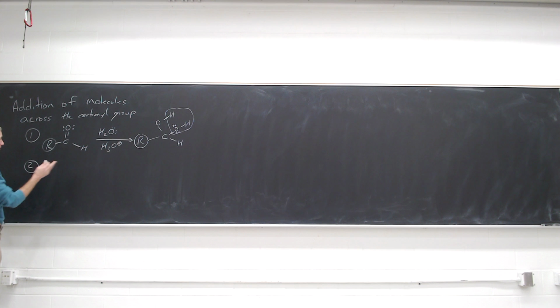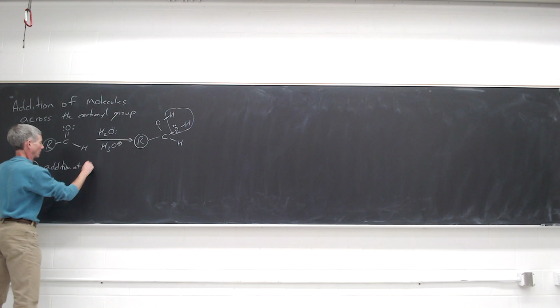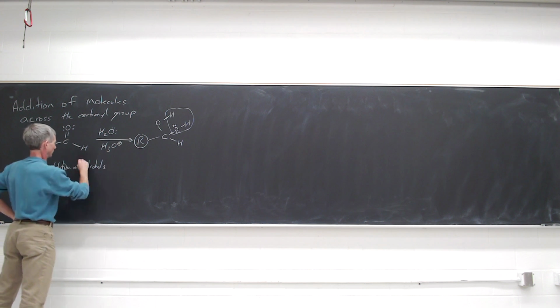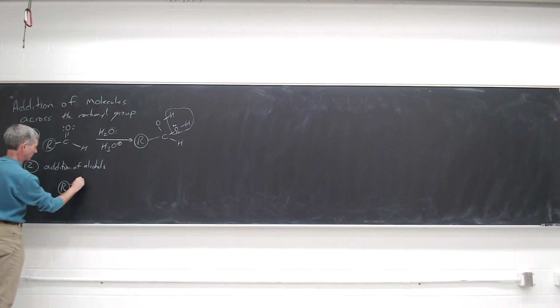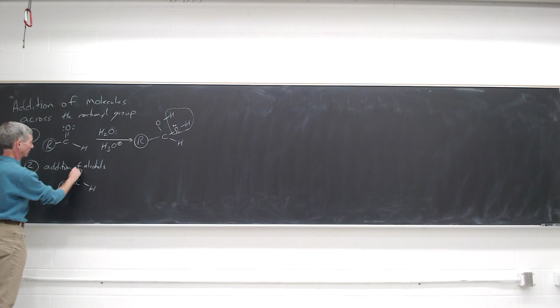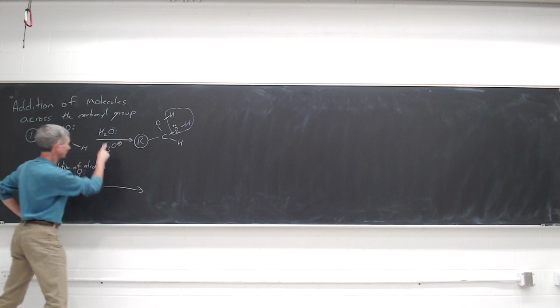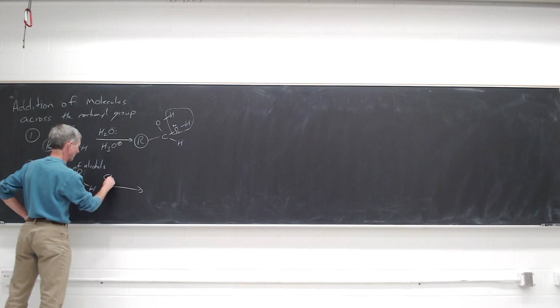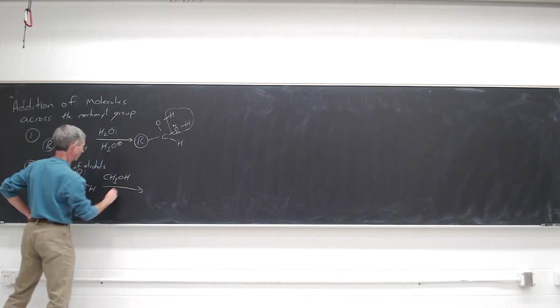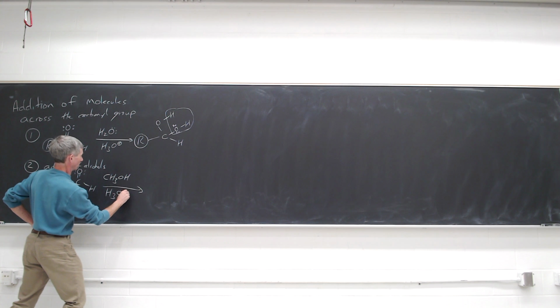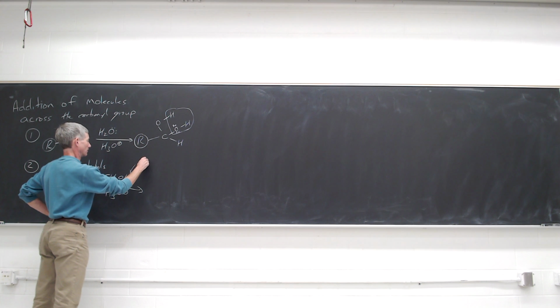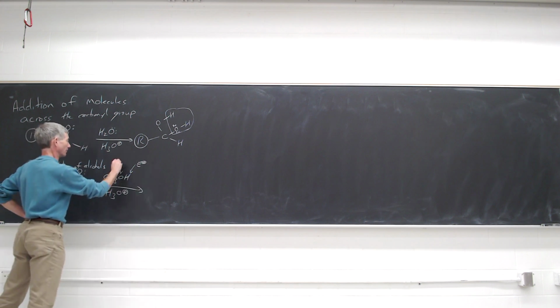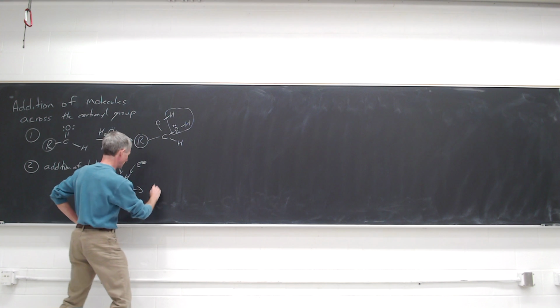We can also add alcohols. Very similar reaction. Start with an aldehyde, and by simply changing the solvent from water to, say, methanol, we can add the elements of methanol, the electrophile being the hydrogen, the nucleophile being the oxygen, just as it was before.